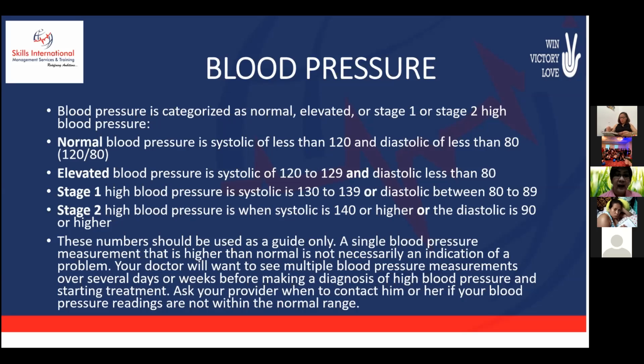So pag nakita nyo ito sa mga pasyente natin or kumukuha kayo dun sa bahay ninyo, kinunan nyo si nanay o si kuya, merong mga reading na ganito, alam na ninyo kung above normal ba siya, mataas ba siya, stage 1 ba siya, or stage 2 yung ating high blood pressure.